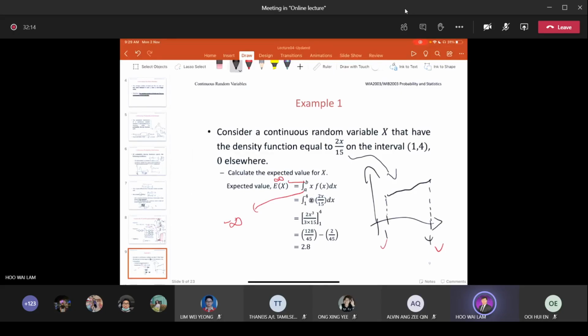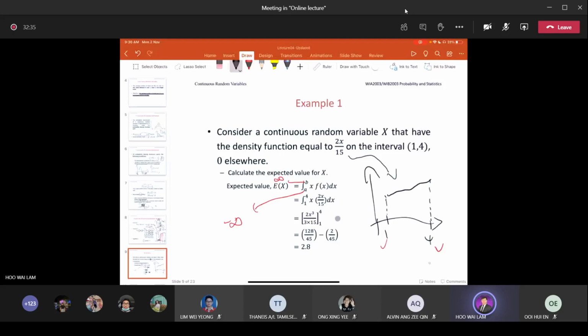So your x value times the probability function that you have. This is a bit similar to when you calculate your expected value for a discrete random variable, if you still recall. But from here, we do the integration.